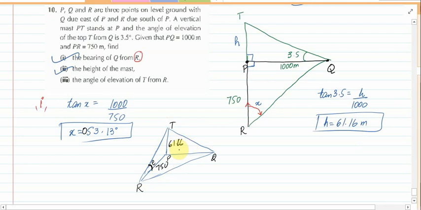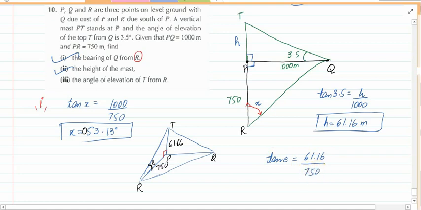61.16. Now to find the value of E, again we are going to use tan because it's opposite and it's adjacent. And where is 90 degree? That is your 90 degree. So it will be tan of angle E, opposite is 61.16 divided by adjacent is 750.